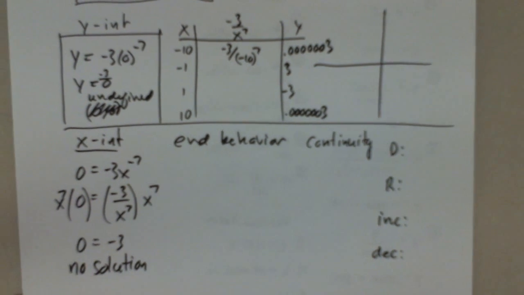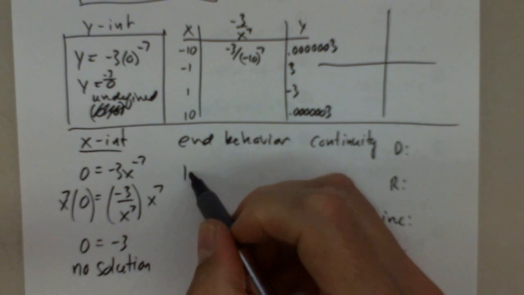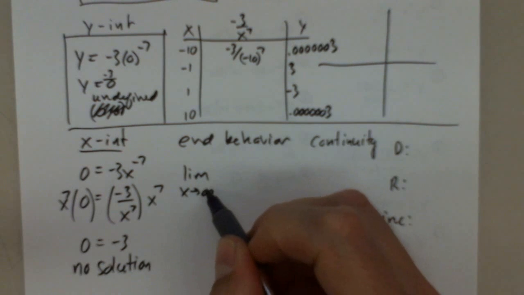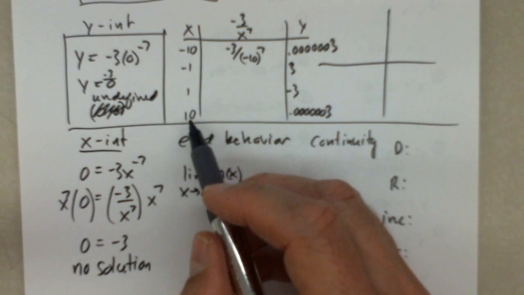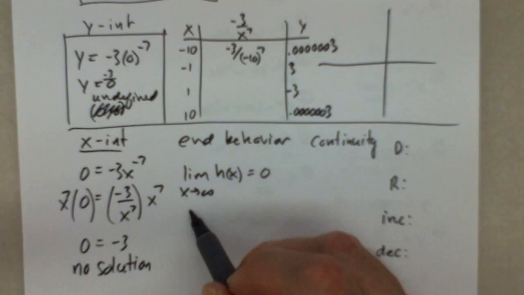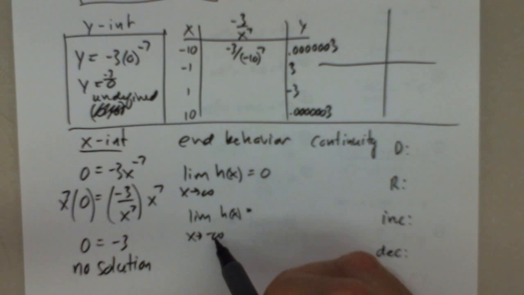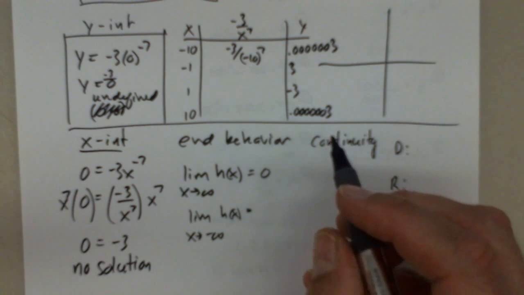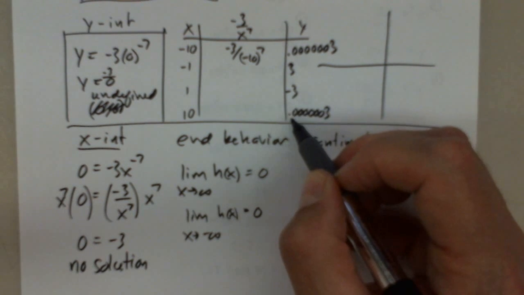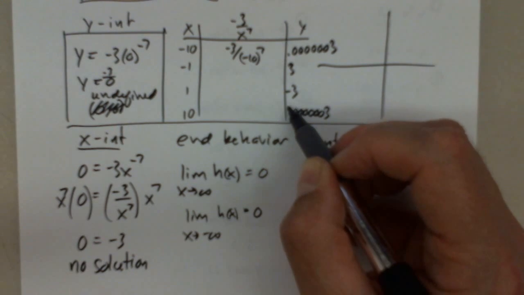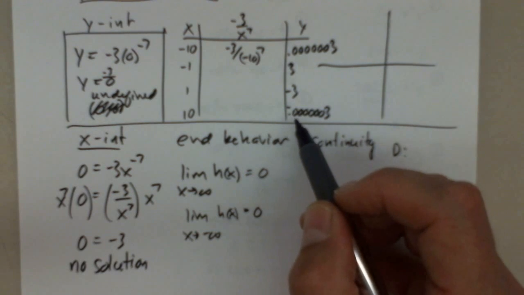And we can see the end behavior: going to the right on the x, we're going to 0. Going to the left, we're going to 0. And also I didn't put a negative here, that should be a negative, but it won't matter. A number that's going to 0 and it's negative is still going to 0.